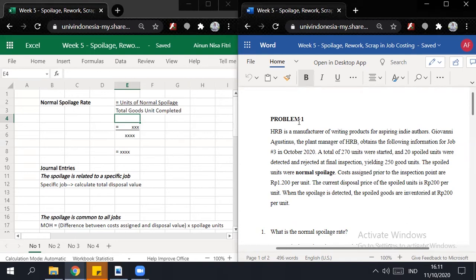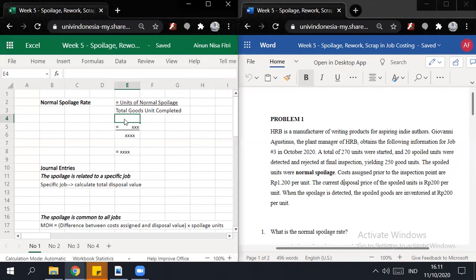The first question is, what is the normal spoilage rate? In order to calculate the normal spoilage rate, let's take a look at the left side of the spreadsheet. Normal spoilage rate is units of normal spoilage divided by total good units completed. First, write the units of normal spoilage, which is 20.